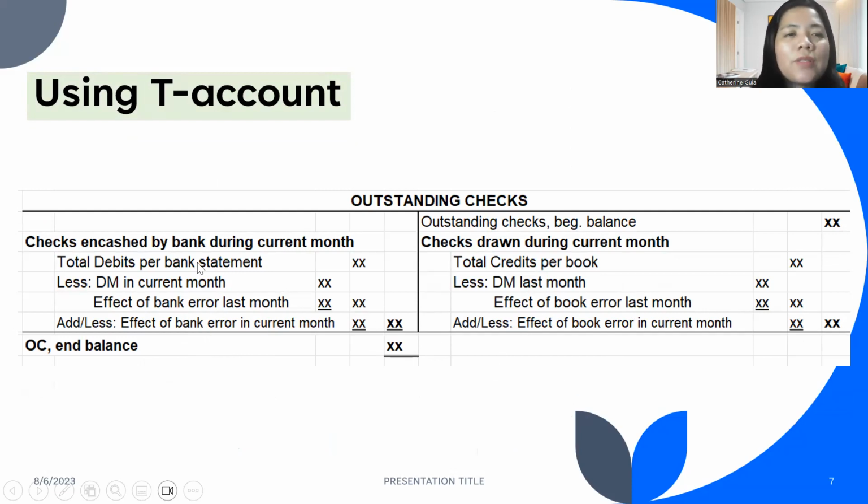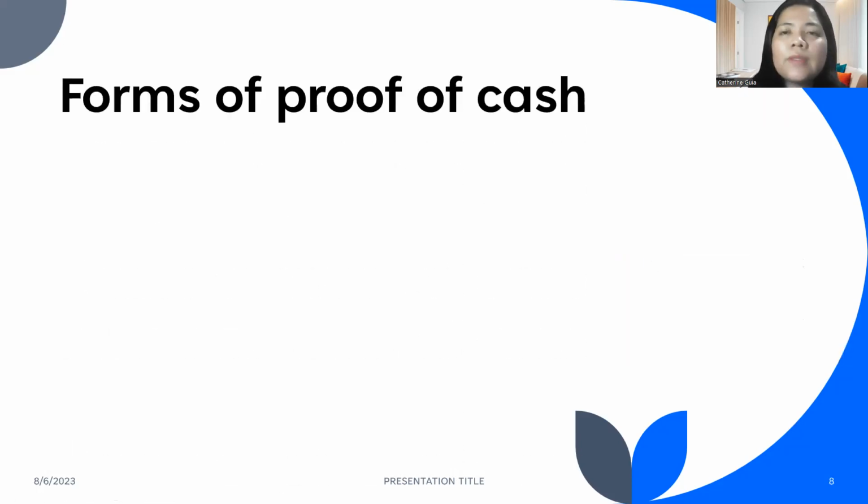So you will notice these items as deductions in the T account of our outstanding checks: debit memo current month, effect of bank error last month and current month, debit memo last month, effect of book error last month and current month. So what was left? It's the checks cashed by bank during current month and checks drawn during current month.